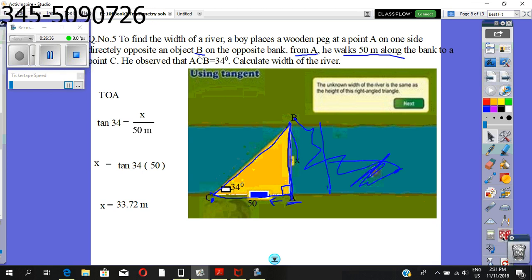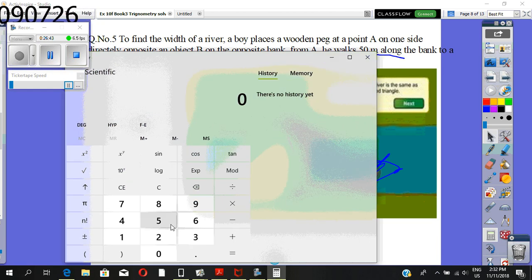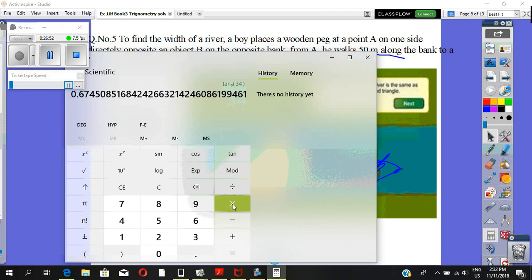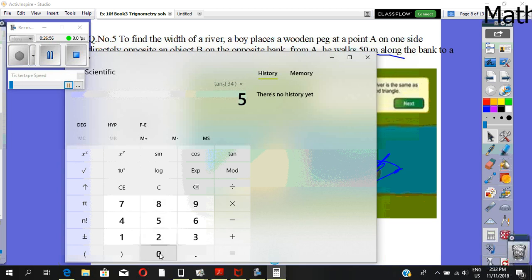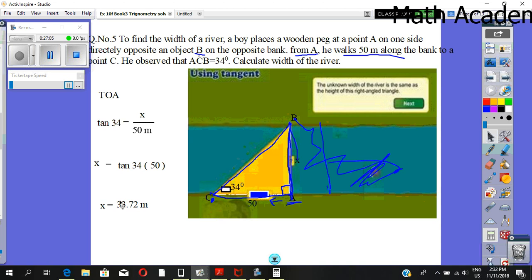Let's check: tan 34 times 50 gives us 33.72. Yeah, correct.